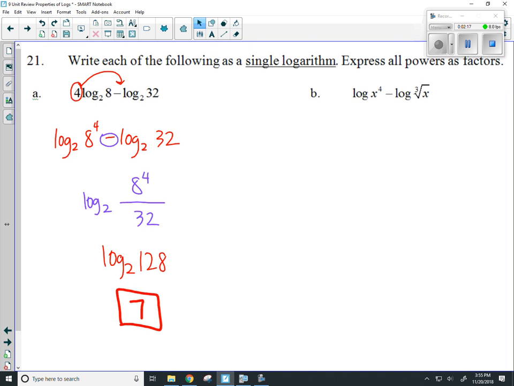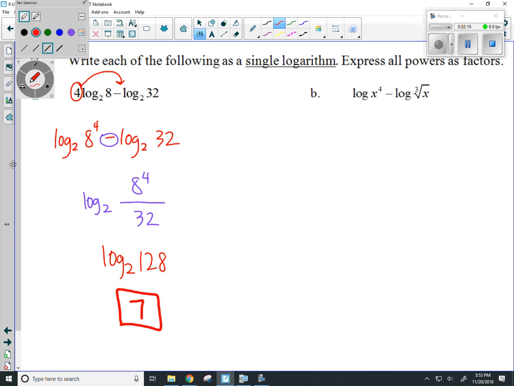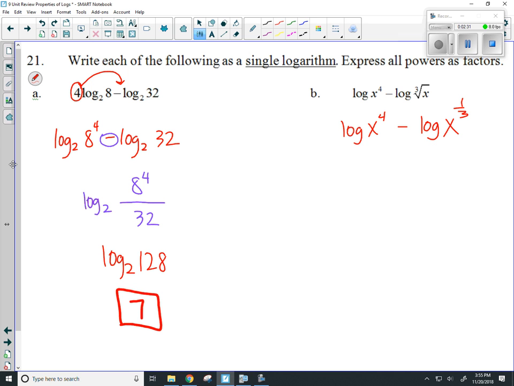All right, so you guys love these ones. Log x to the 4th minus log, I'm going to go ahead and change that to x to the 1/3. Cube root is the same thing as saying x to the 1/3. And then since this is subtraction, I'm going to put it together with division.